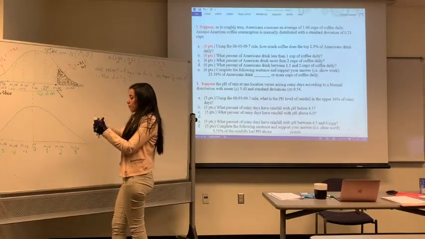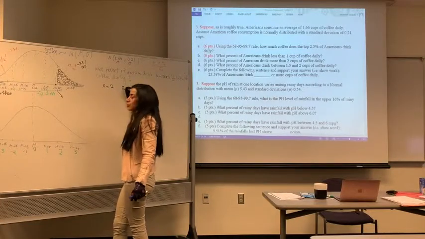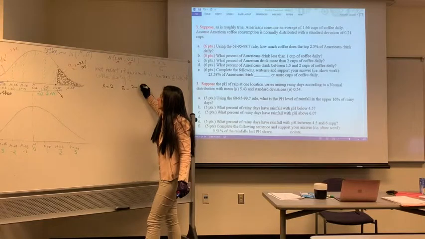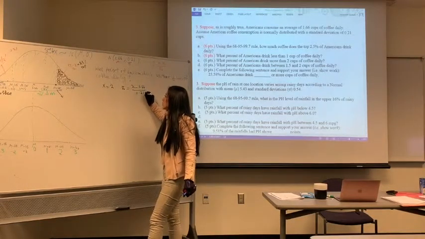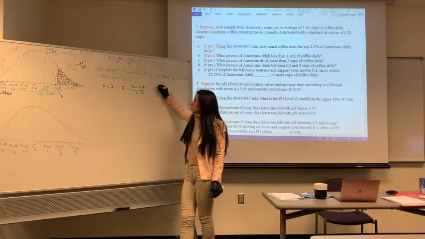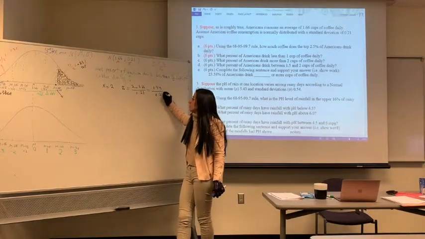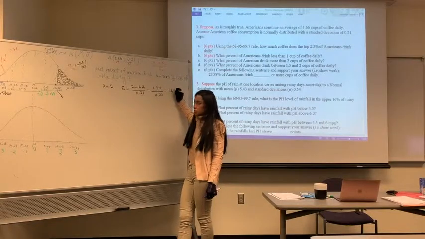So X is 2. We should find the Z value, correct? 2 minus 1.66 divided by 0.21. So 2 minus 1.66, right? Divided by 0.21. What is that? 1.60, to be rounded off.